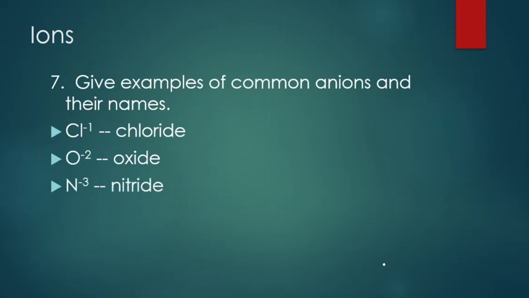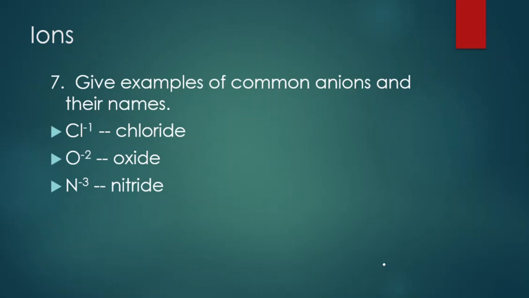Nitrogen is in the same boat. We chop off the whole ogen and just add the IDE, so that becomes nitride. So girls, the right side of the zigzag line, the non-metals, change their names to IDE.